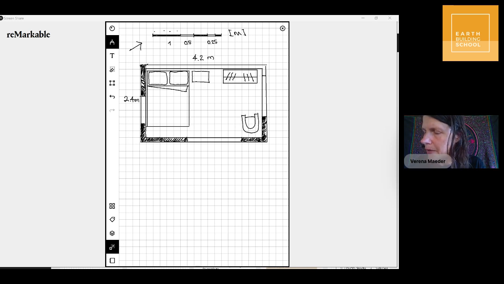I personally like having the side of the building that faces away from the sun, so the cold side of the building, without openings, or with very minimal openings, just to make sure that there's no, you know, heat loss at the back.